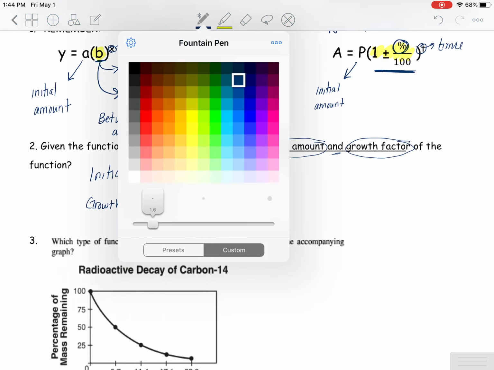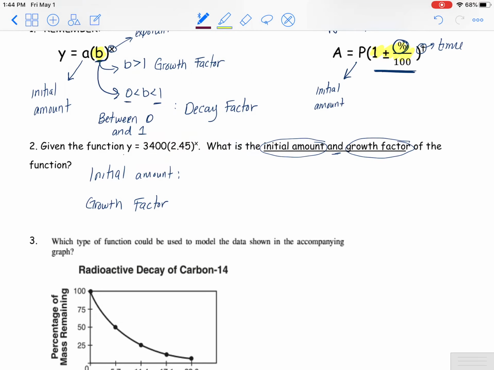If I write below it, I'll use a different color: y equals a b to the x. It's going to be pretty obvious. The a value is my initial amount. Well, what's the number in front of the parentheses? So my initial amount is 3,400.